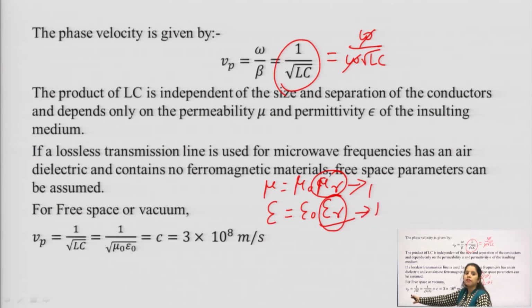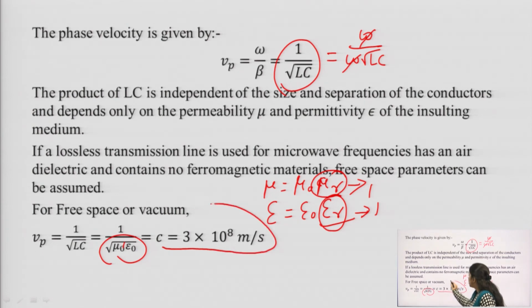In that case, our phase velocity will be equal to 1 upon under root L C, and when we write it in terms of permeability and permittivity, this is given by 1 upon under root mu naught epsilon naught. When we substitute the values of mu naught and epsilon naught, which you have already discussed in the various lectures, you obtain the value of the phase velocity equal to the velocity of light, that is equal to 3 into 10 to the power 8 meter per second.